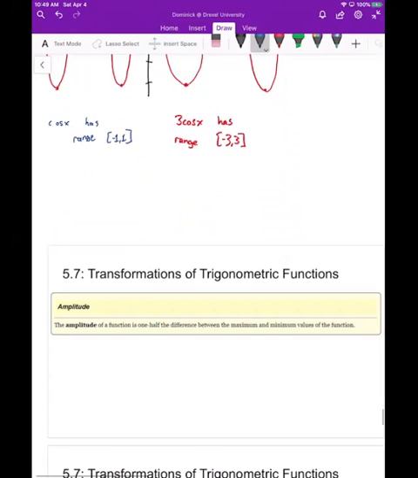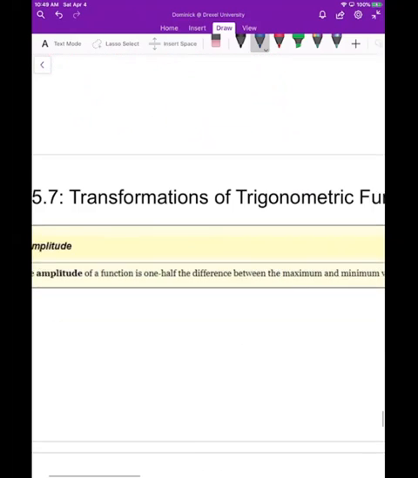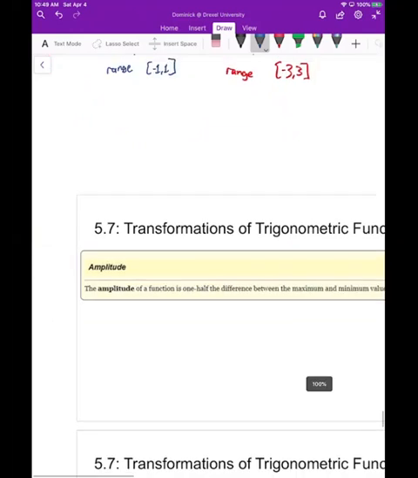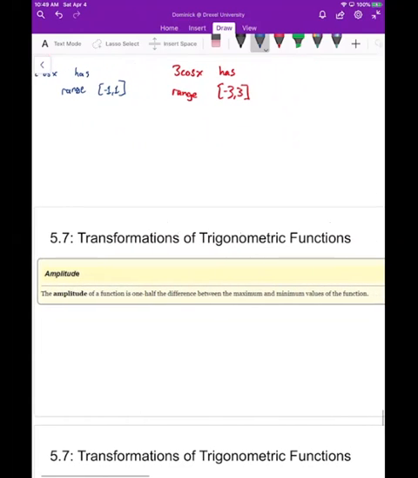Okay, now what we've just done is we've looked at the amplitude. Right? So the amplitude of one of these trig functions is essentially one half of the difference between your maximum and minimum values of the function.